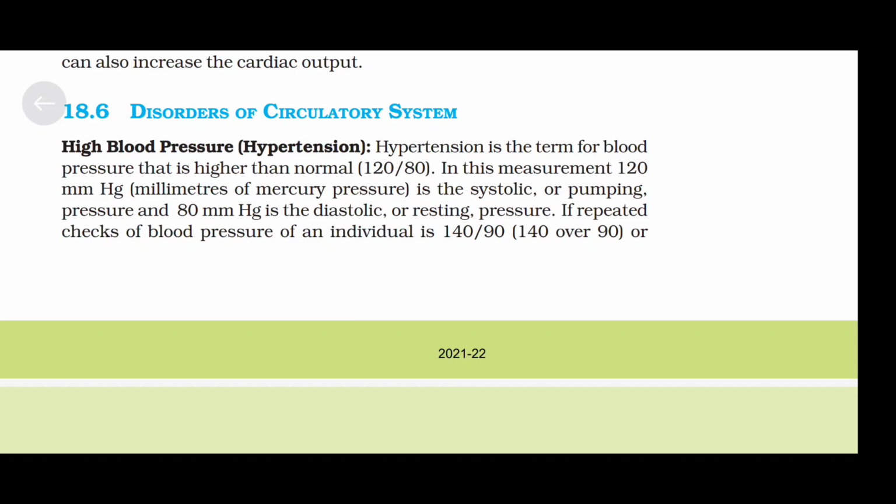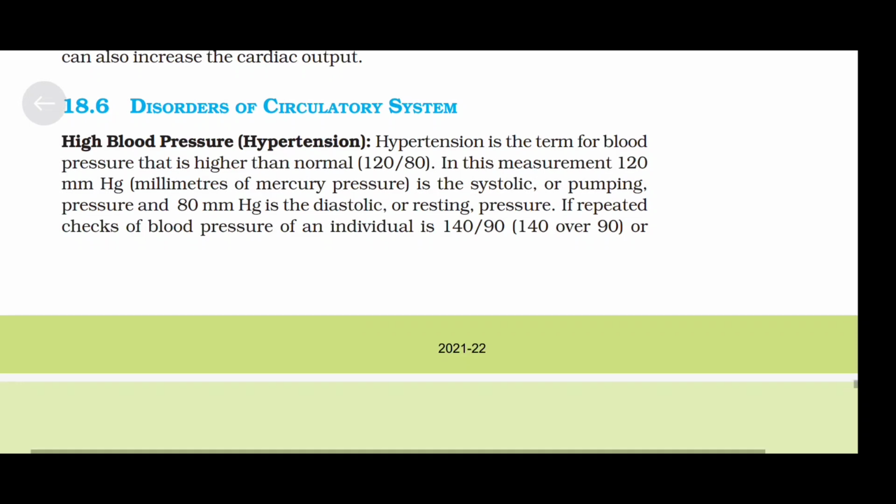If repeated checks of blood pressure of an individual is 140 by 90, that is 140 over 90, or higher, it shows hypertension.